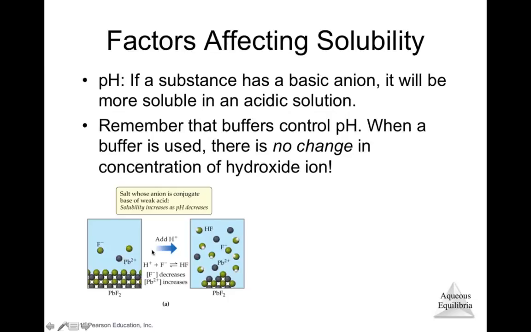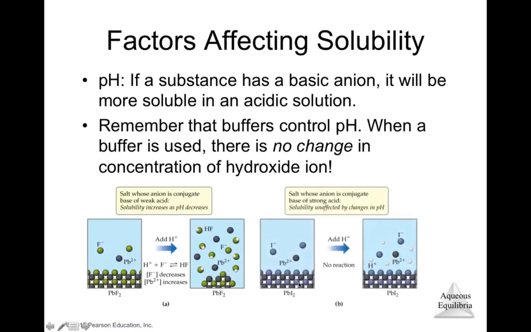The acid will react with the fluoride to produce HF, that is a weak acid, and because this is a weak acid, it will be in equilibrium, so you will have this in solution, decreasing the concentration of fluoride in solution and making this release more of the fluoride to keep that concentration constant. So the acid will affect the solubility of lead fluoride.